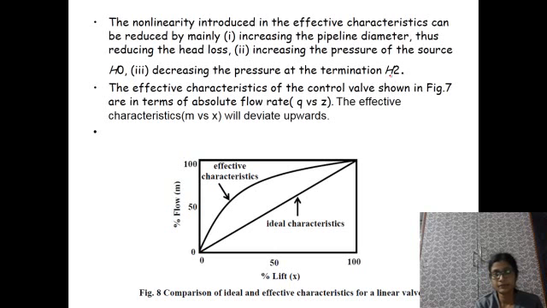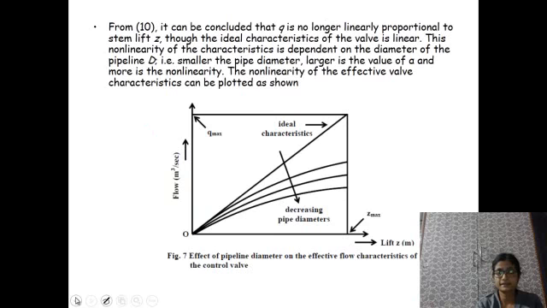And initially we considered that H0 minus H2 was constant. So the effective characteristic of the control valve is in terms of absolute flow rate Q versus Z. Before that, it was M versus X, but this is flow versus lift, that means Q versus Z.